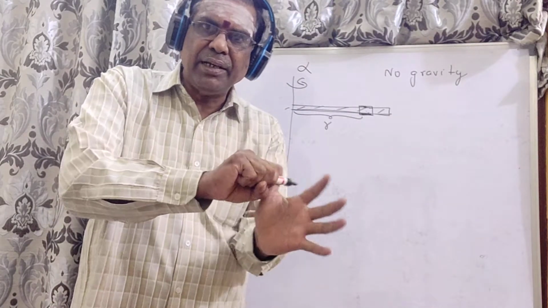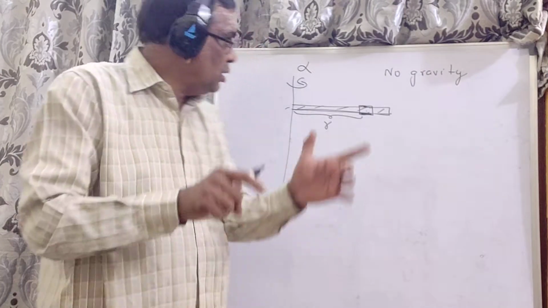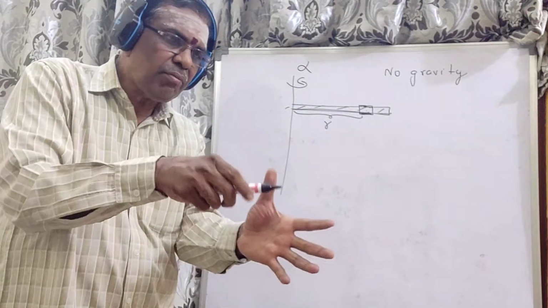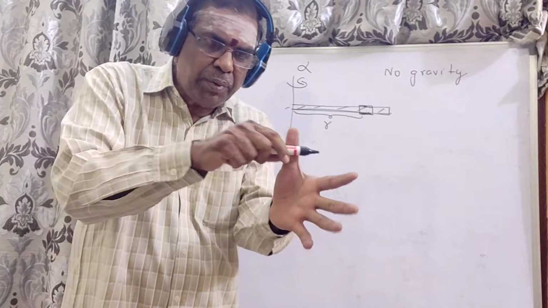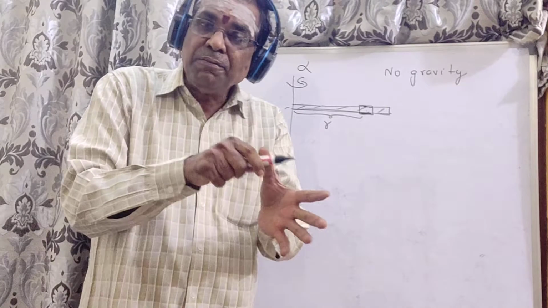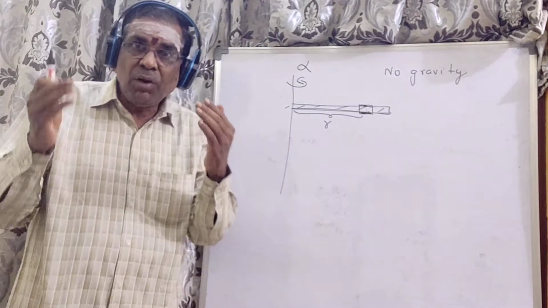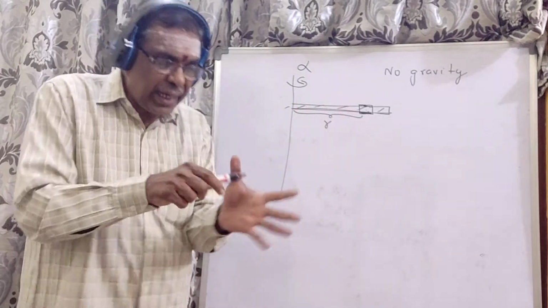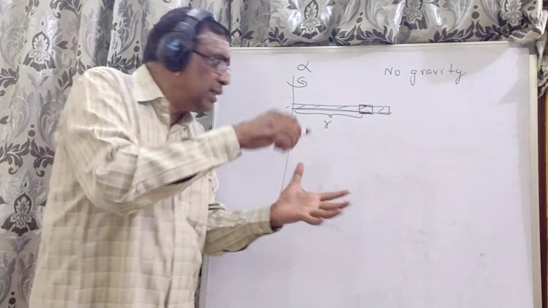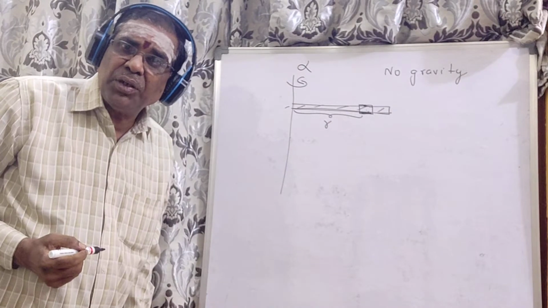But what is happening? It is pressing like this. Therefore, on this body, N is like this. This rod is pressing this. Obviously, the body is pressing the rod. But what am I interested in when I apply Newton's second law? I must take forces acting on the body. So I am taking like this. So N is into the board.